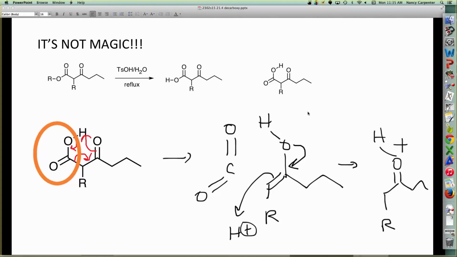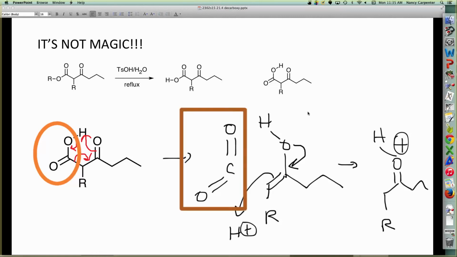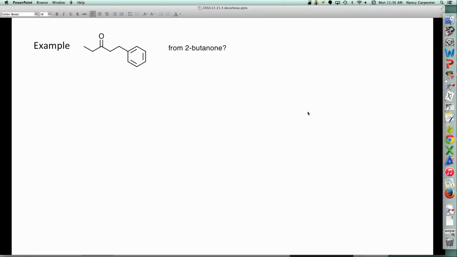And then we can just deprotonate in our workup to give our stable final product. So it's called decarboxylation for obvious reasons, because you're losing your carboxyl group and you're throwing away a carbon. That's kind of a problem, but it's very handy for synthesis. Makes life a lot easier.